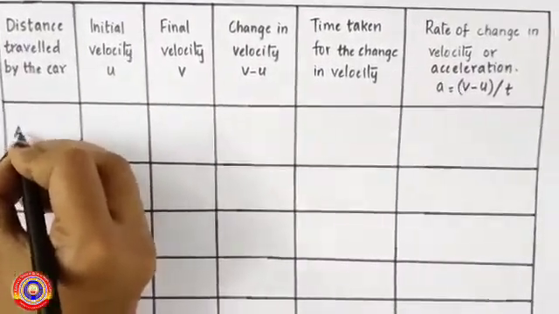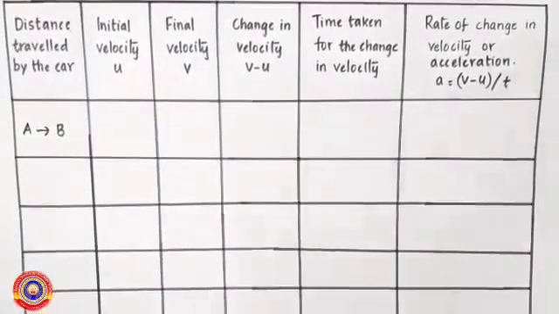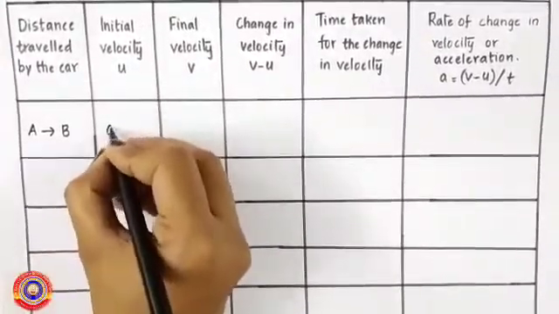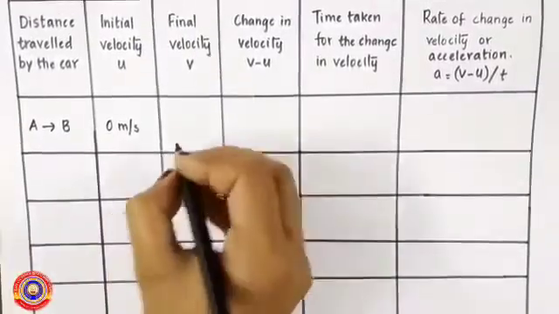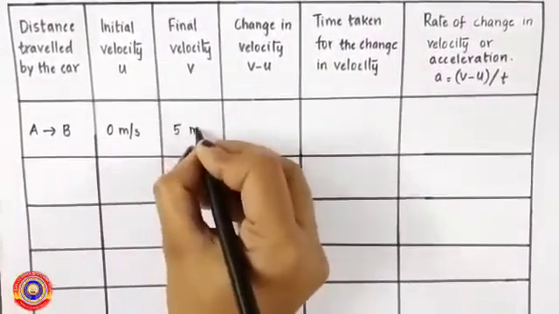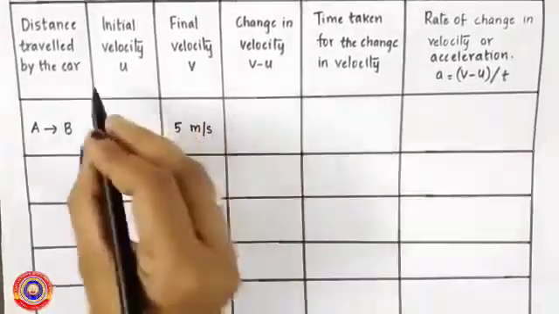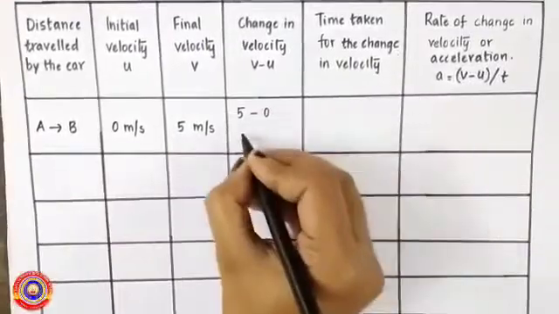Consider A to B. Here, the initial velocity equals 0. The body has just started its journey, so there is no velocity. And the final velocity, that is the velocity when the body reaches the point B, is 5 meter per second.